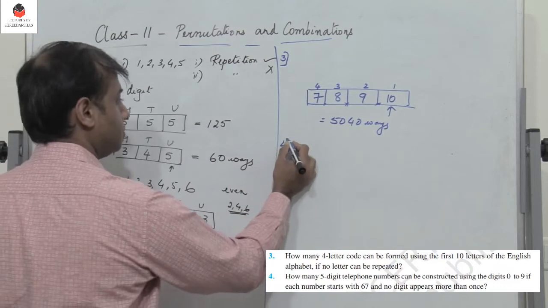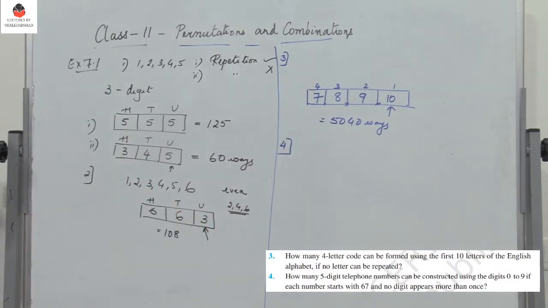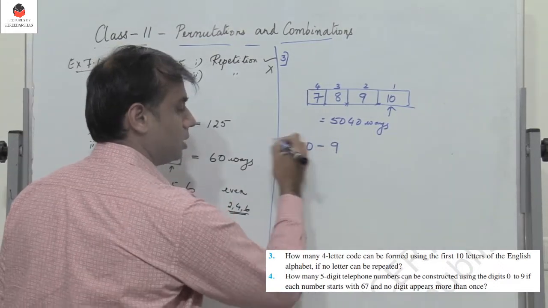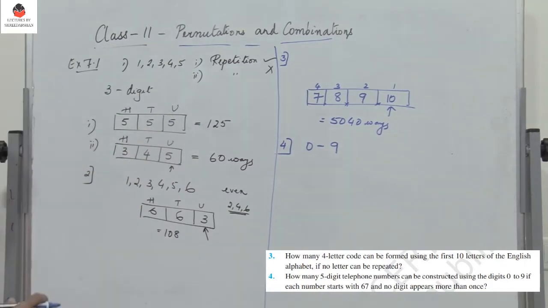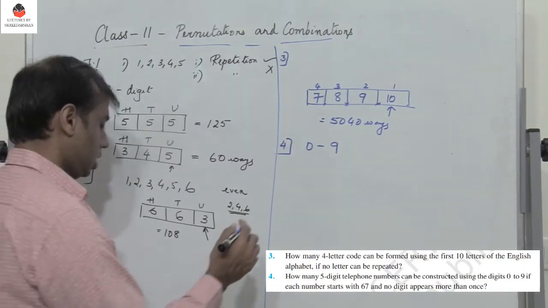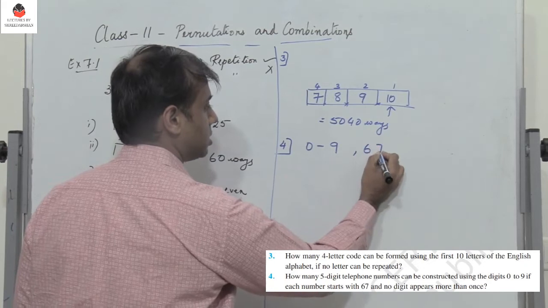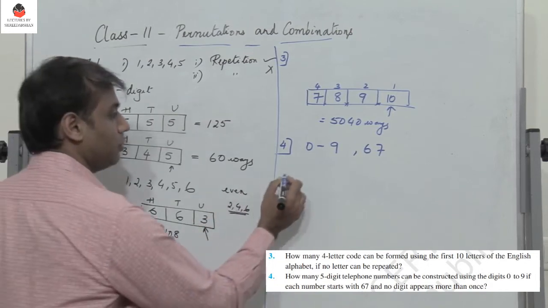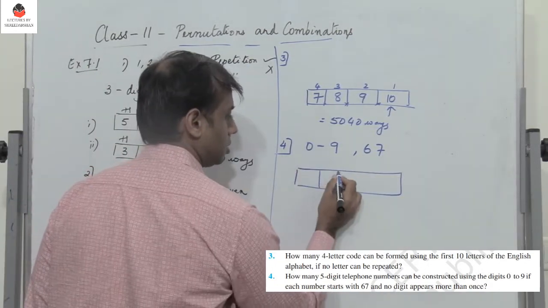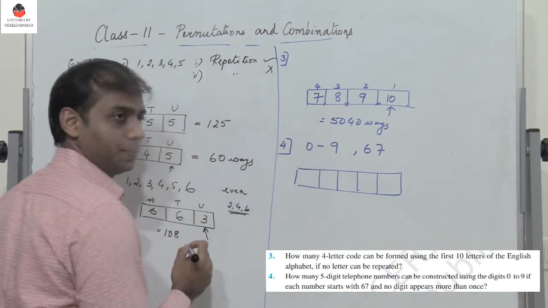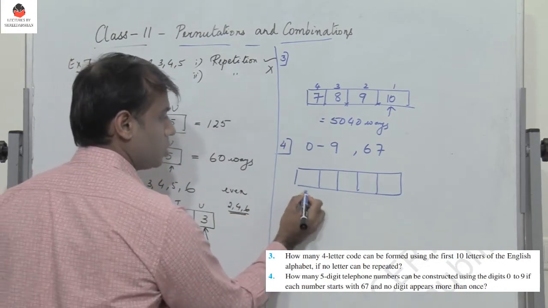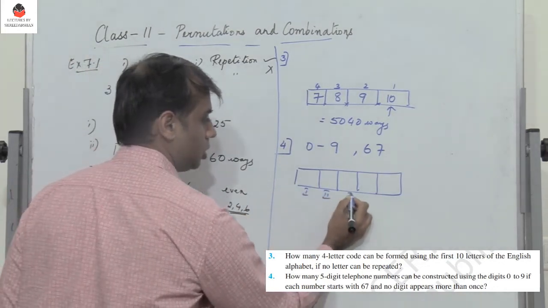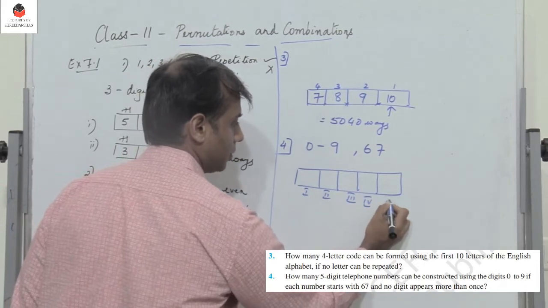Question 4. How many 5-digit phone numbers using the numbers 0 to 9 can be formed if each number starts with 67 and no digit appears more than once? So you have a 5-digit phone number, let this be position 1, 2, 3, 4 and 5.